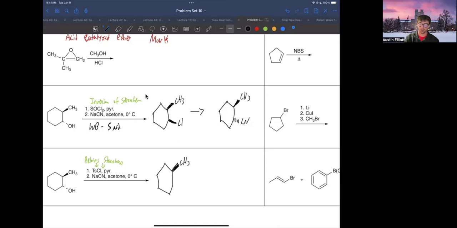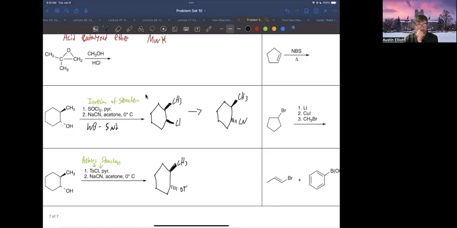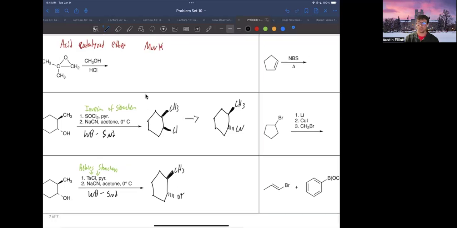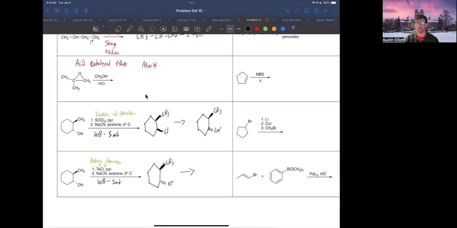CH3, and it's going to be our OTs right there. And then same thing, we have a weak base SN2 reaction, and that's going to give us our inversion of stereochem. So it's going to be the opposite of the one above our TsCl reaction.